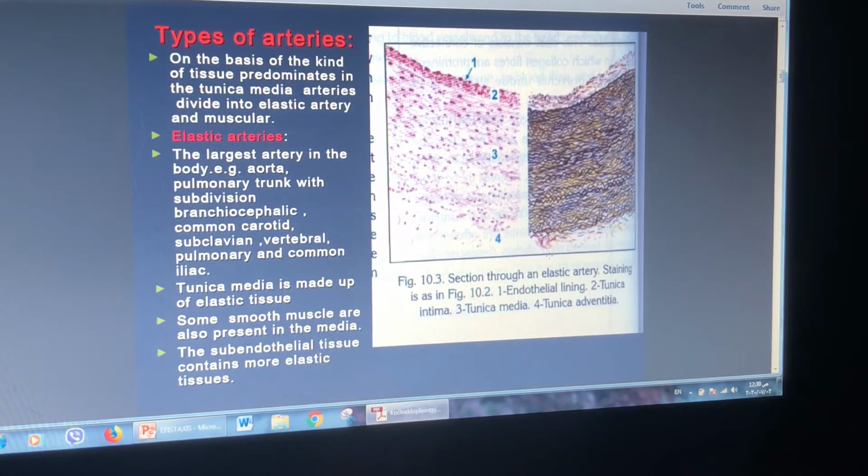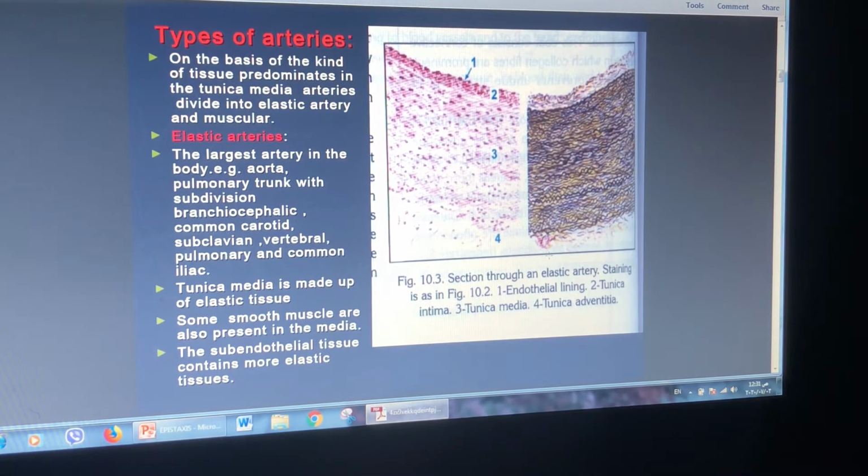So, now the types of arteries. We have two types of arteries. The first one is the elastic artery, and the second one is the muscular artery. The elastic arteries are the large arteries in the body, like the aorta and pulmonary trunk with their subdivisions: brachiocephalic, common carotid, subclavian, vertebral, pulmonary, and common iliac.